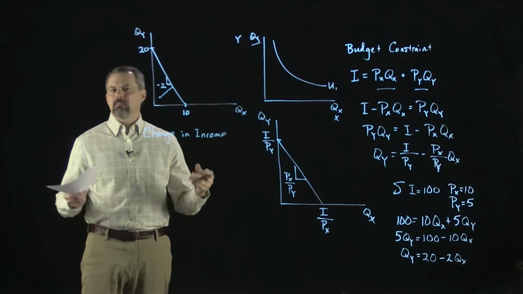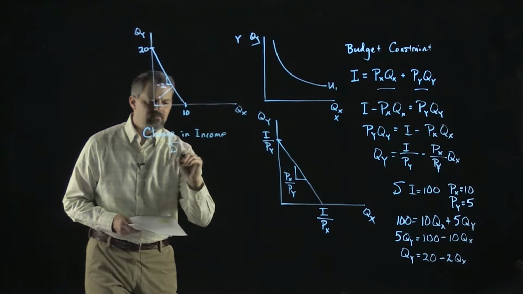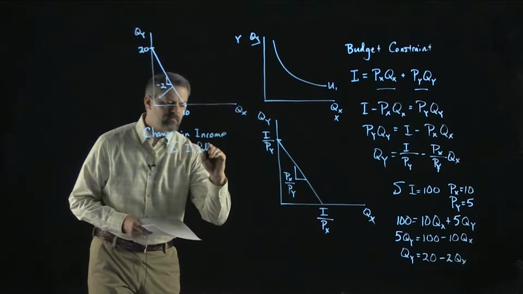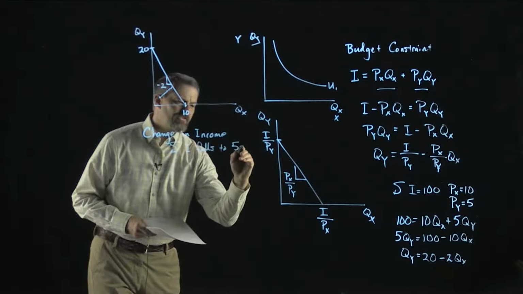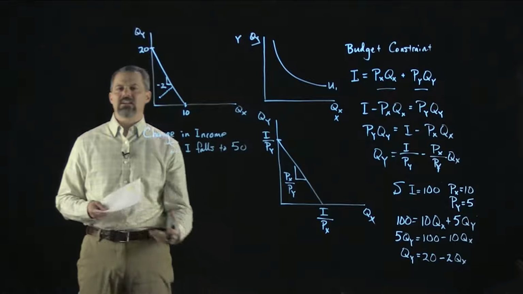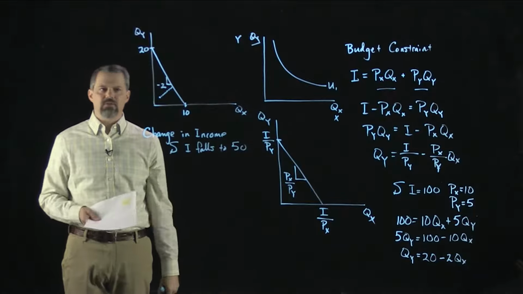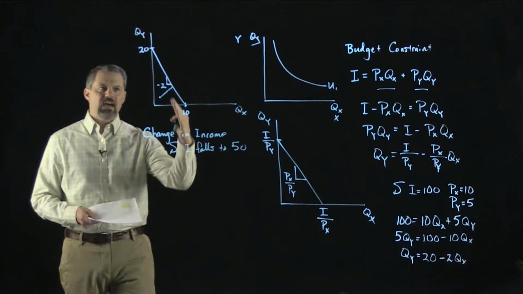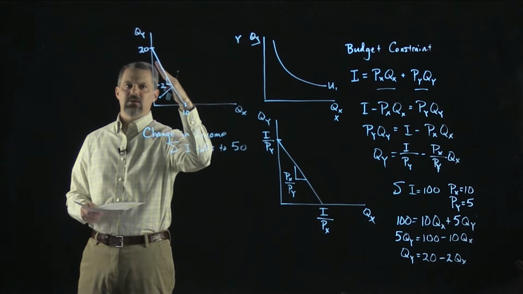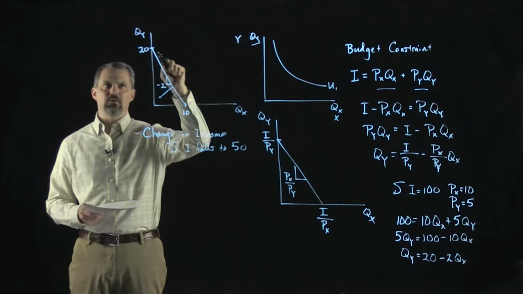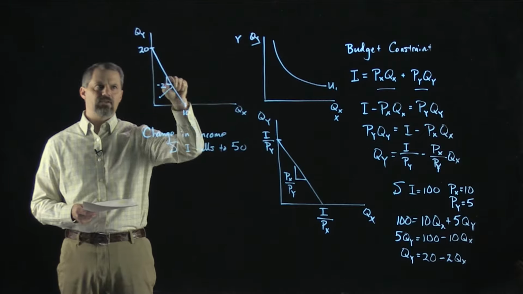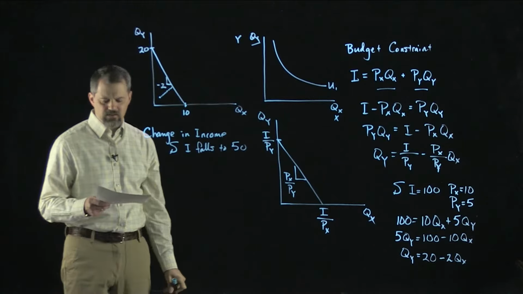Let's suppose income falls to $50. Well, since the income now is going to get cut in half, the consumer will be able to afford fewer bundles than before. What that means is that this budget constraint is going to shift in. They're not going to be able to afford any of the bundles on that original budget constraint.